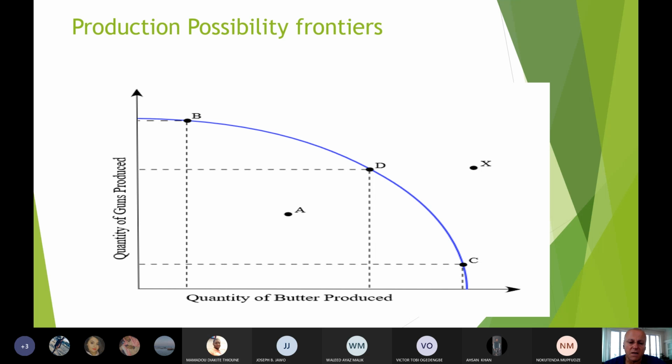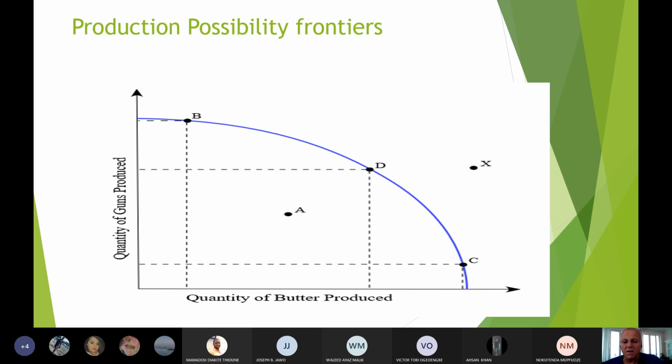Therefore, the rest of the butter at point B, which is representing the horizontal axis, x-axis, should be exported. And when we are going to the C, this is the opposite case. Then we have to export some guns because we have sufficient production capacity for guns, but in the consumption and production, probably point C is the best possible option, because we didn't illustrate here the indifference curve and budget and everything.